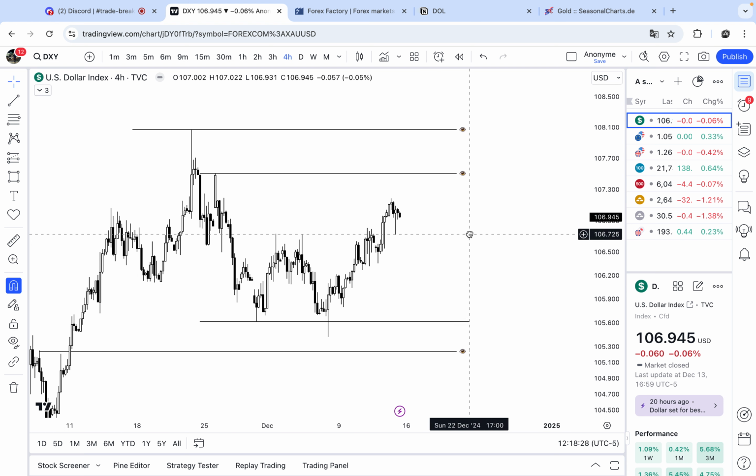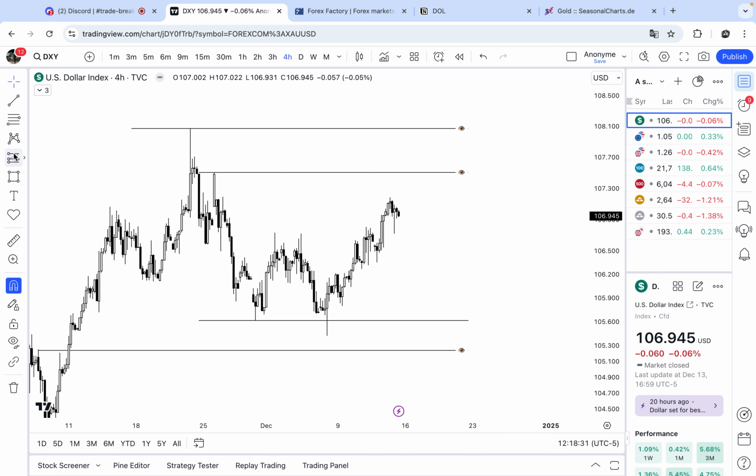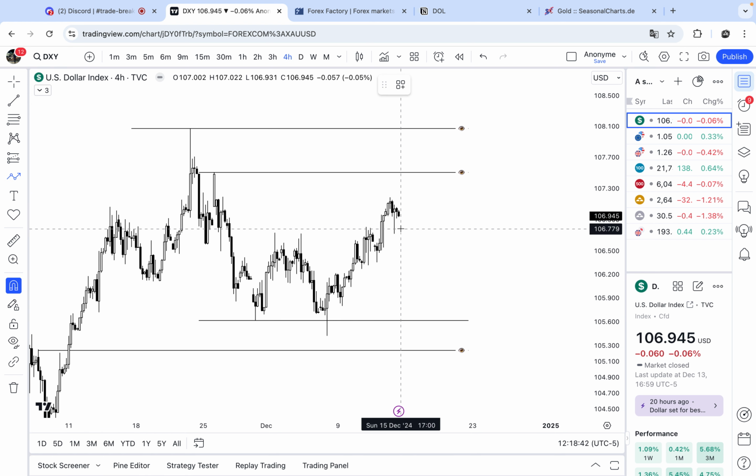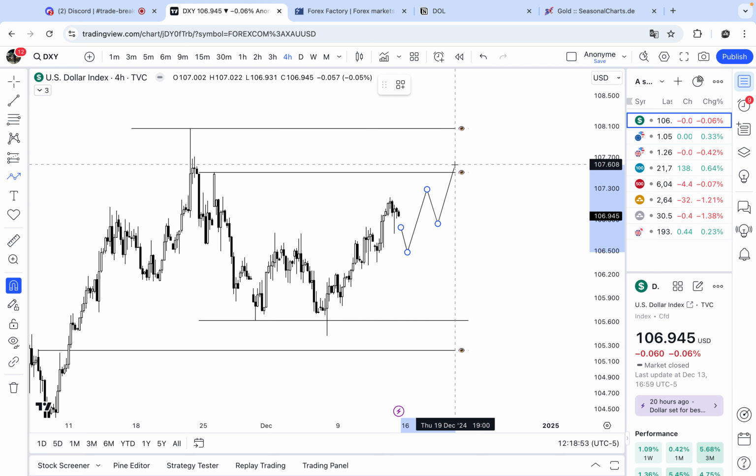On the 4-hour, we are bullish. So what I'm expecting is, if price continues to do this, this, this, and then once we are here, there's an SMT with Euro or GBP, and then price starts to fall off like this.